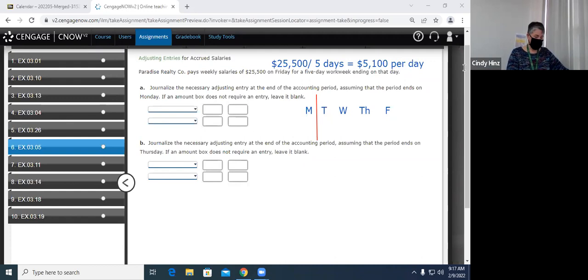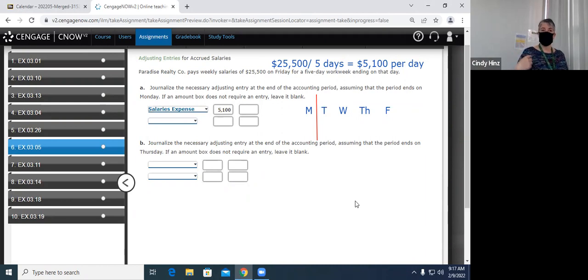Dated Monday, though, we need an entry to record 1 day's worth of cost for our employees. And that would be salaries expense. We need to, with Monday's date, record $5,100 worth of salaries expense.